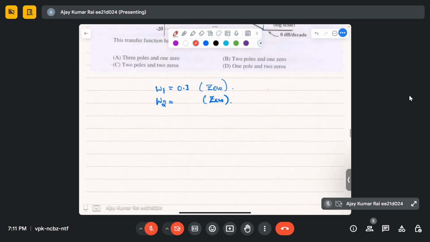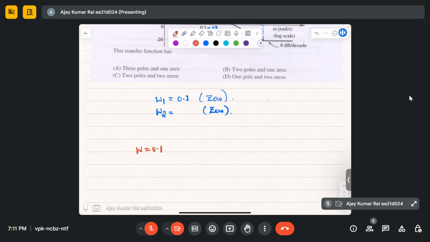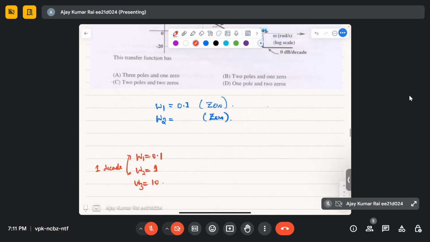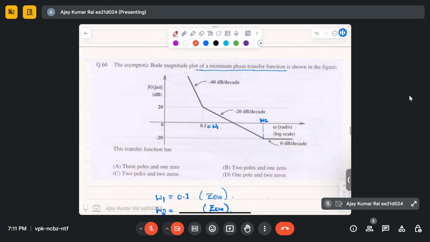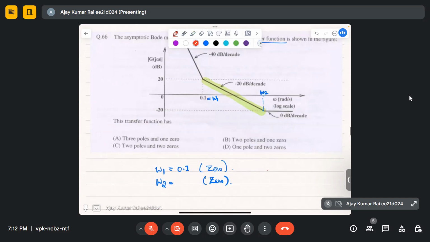So we have omega equal to 0.1, omega equal to 1, and omega equal to 10. Omega 2 is 10 times omega 1, and omega 3 is 10 times that, so each is one decade. From the Bode plot, the slope is decreasing by 20 dB per decade.